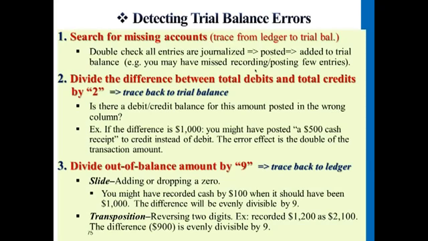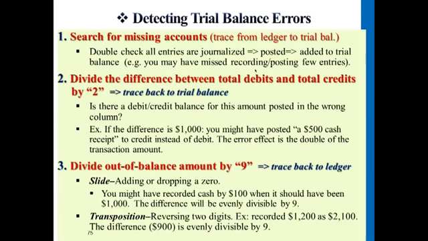So at the end, this will affect the final balance to have a difference that is actually double the error amount. So the difference is here, 1,000 minus 0 gives you $1,000. This is the total balance difference between debits and credits.